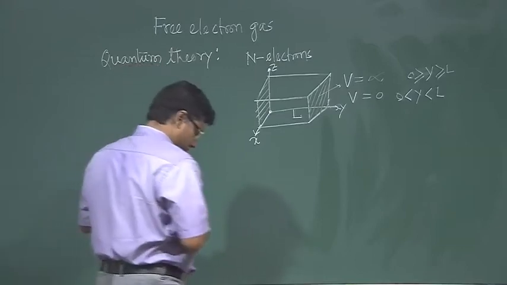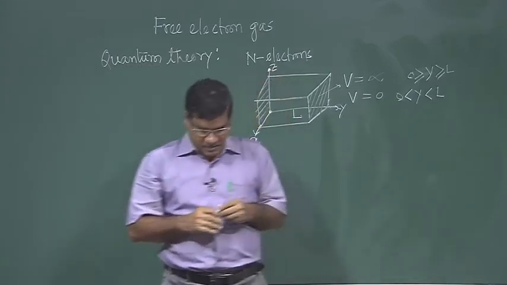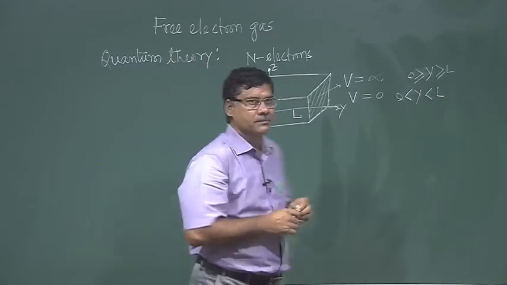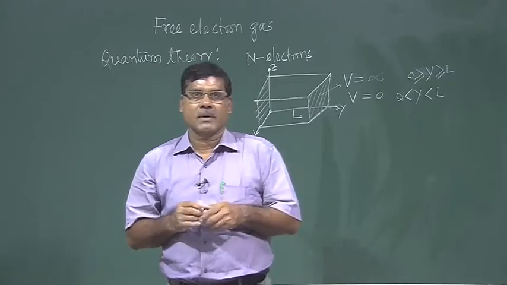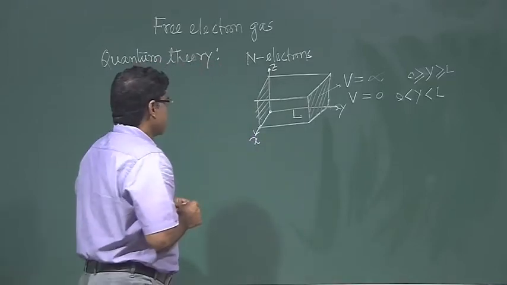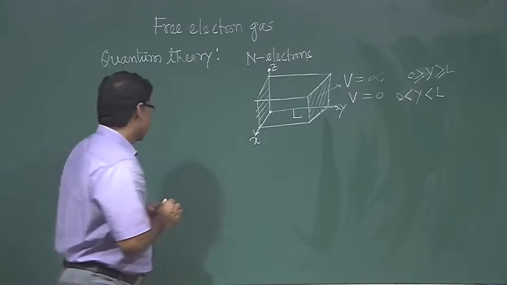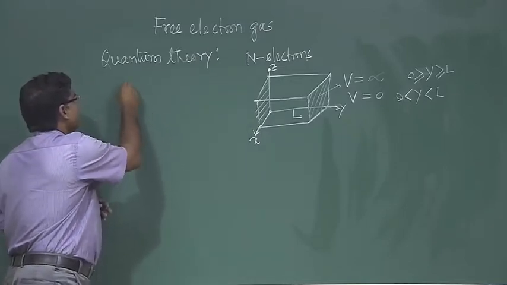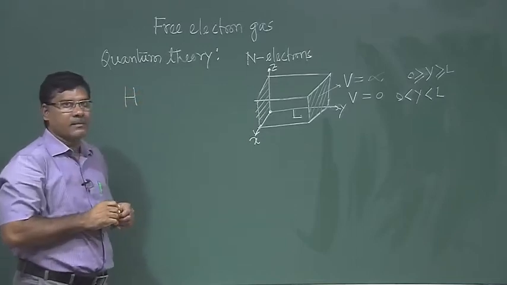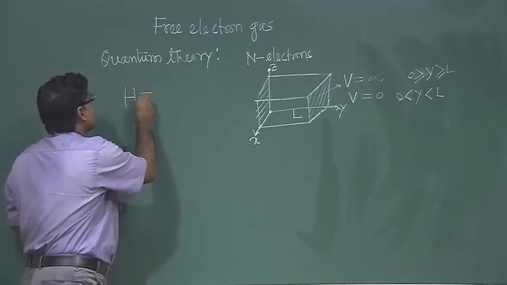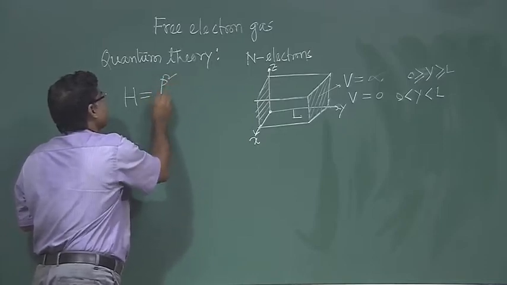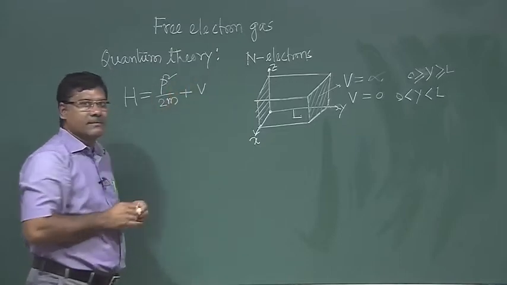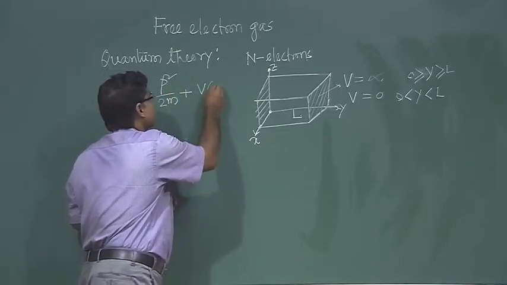In the last class I showed you that one can construct the Schrödinger equation for this problem. Generally we write the Hamiltonian H, which is the total energy of the system: P square by 2m, the kinetic energy, plus the potential energy, which can be a function of x.